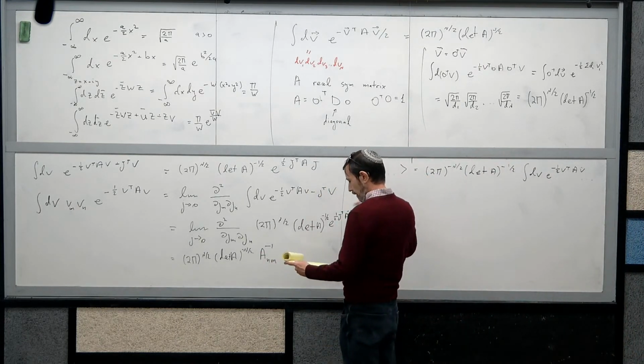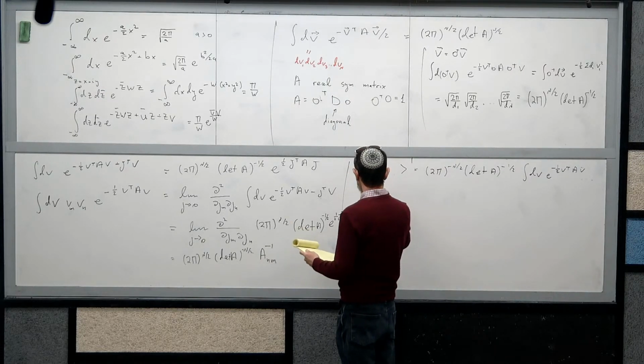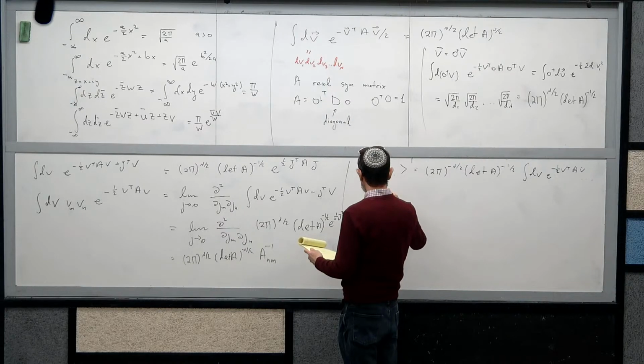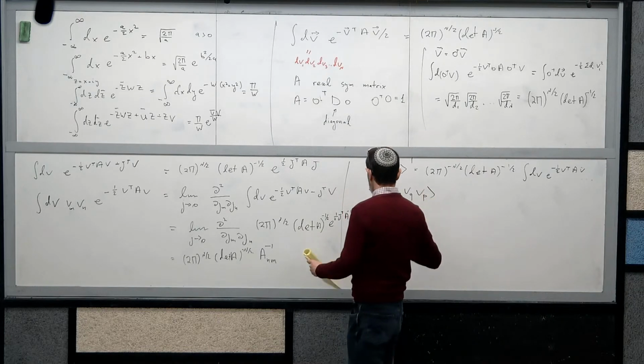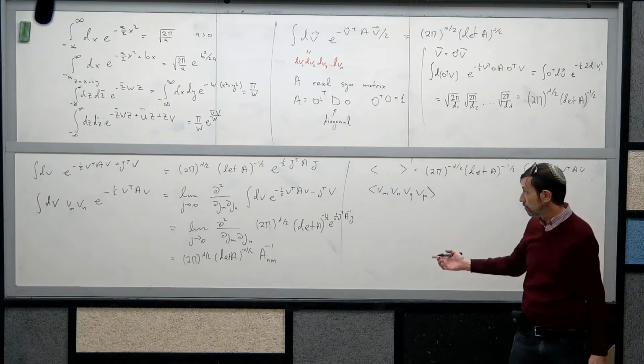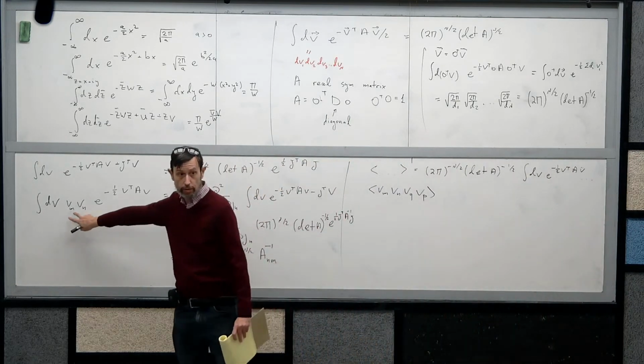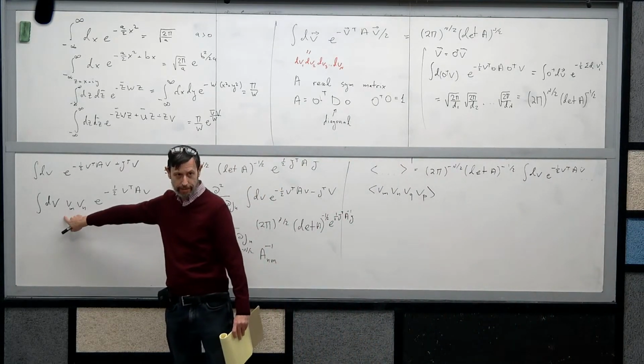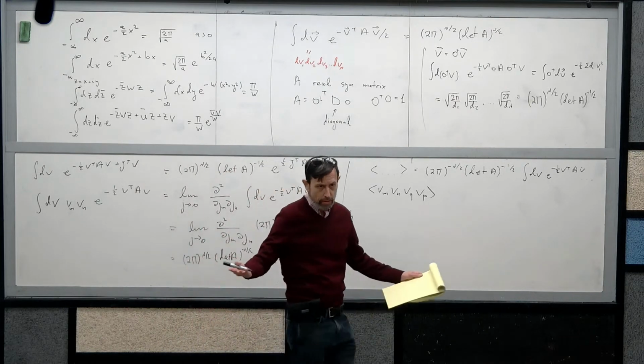But let's write an example. Similar to this, but with 4 different V's, different or equivalent.